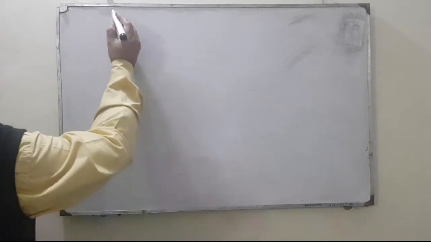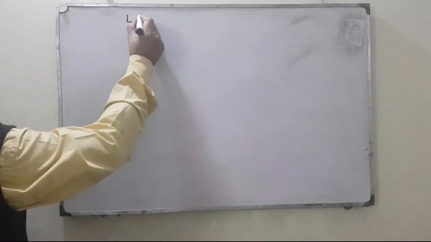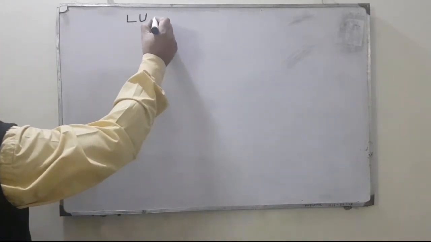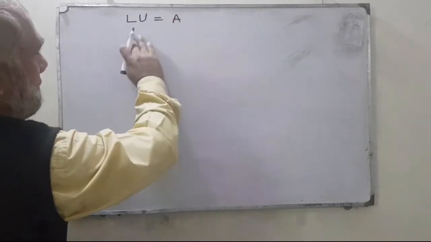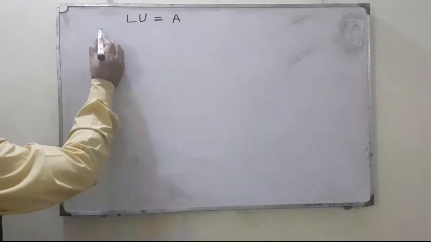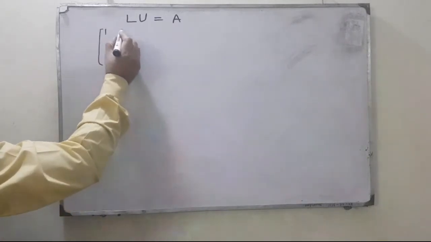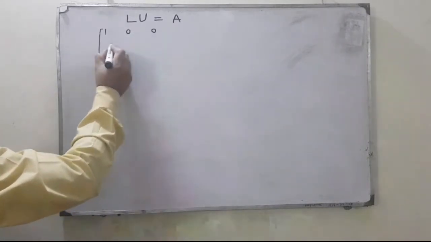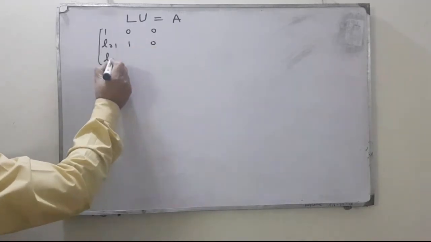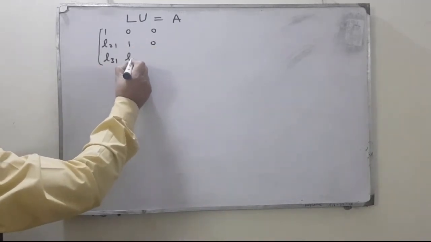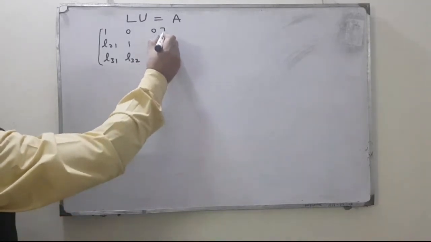So here we start. The product of L and U should be equal to A. This is the equation from where we can find L and U. We already know that L is a unit lower triangular matrix: 1 0 0, L21 1 0, L31 L32 1.